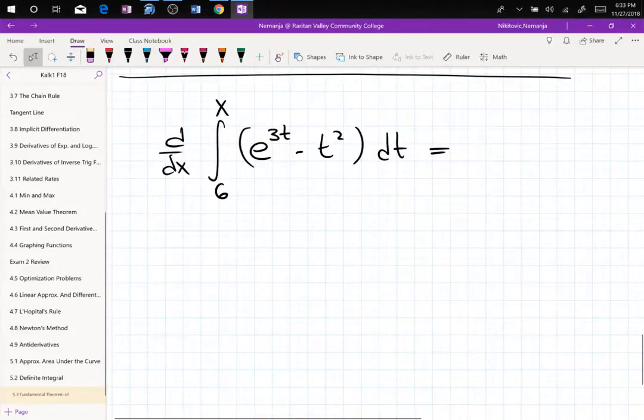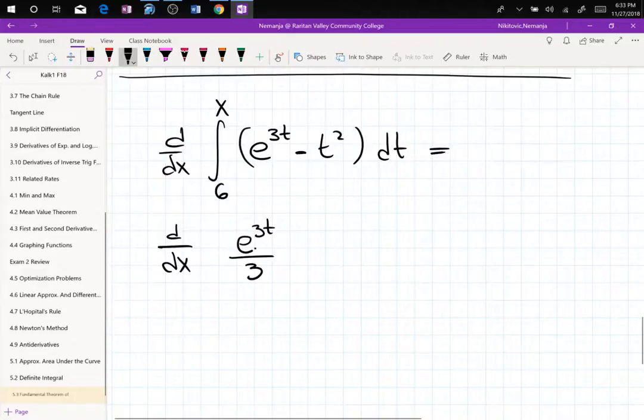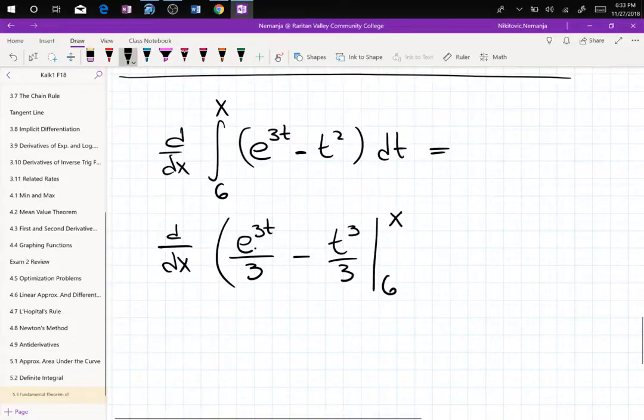Why? Well, compute it. What is the integral of e to the 3t? Over 3. Good. And what's the integral of t squared? T cubed over 3. All of this needs to be computed from 6 to x. So d dx, plug in x.